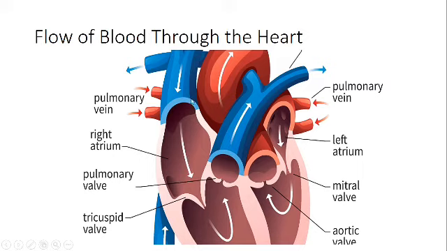Now, when you have the semilunar valves closed, blood gushes out downwards from the atrium down to the ventricle. At this point, the ventricle relaxes as the atrium contracts. That point is called a diastole.